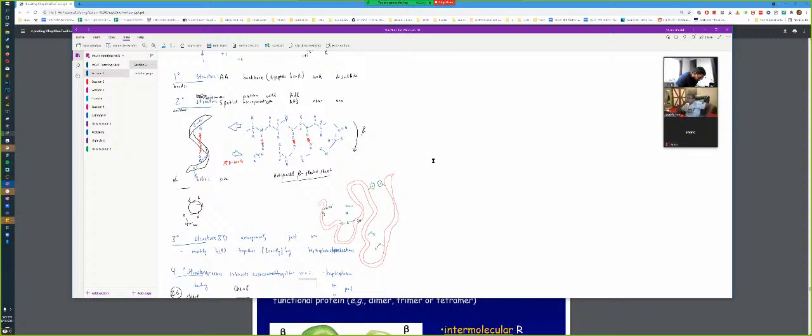If I were to add something to that, I would say hydrogen bonds between the peptide backbone, not between R groups.